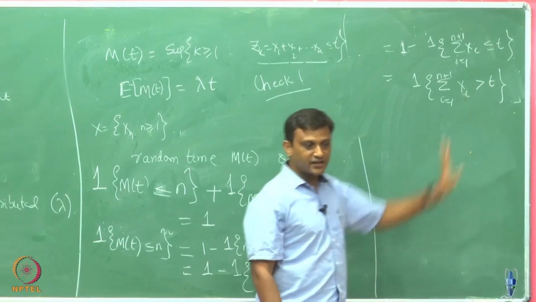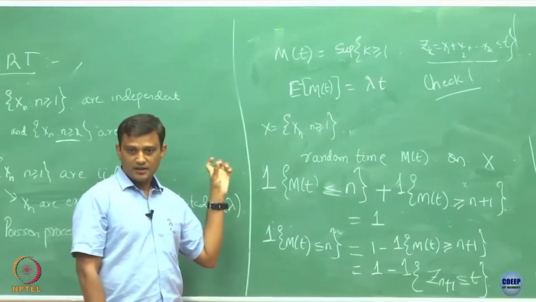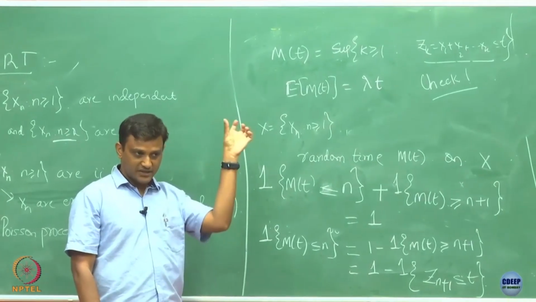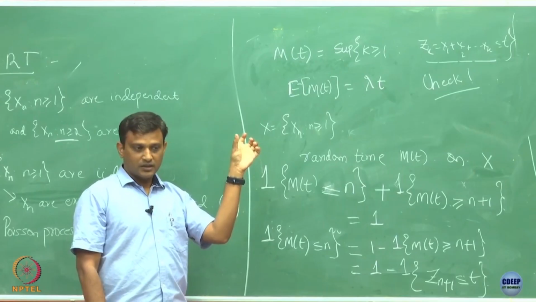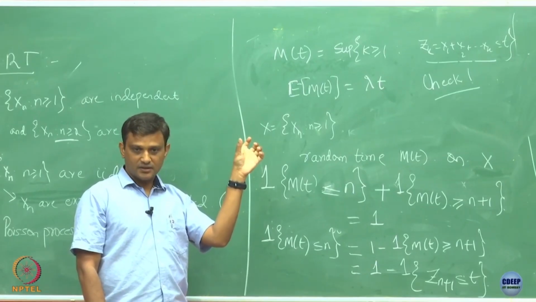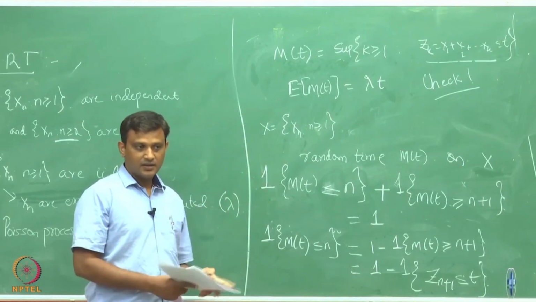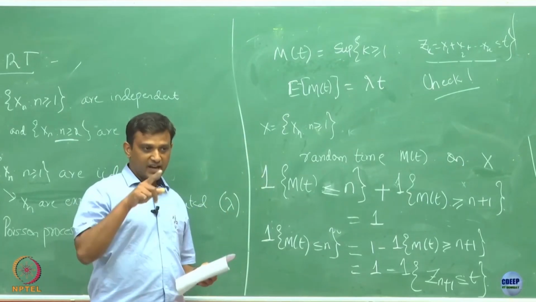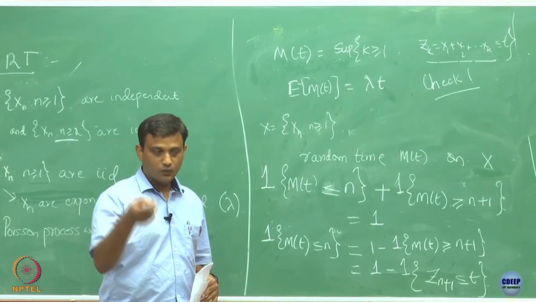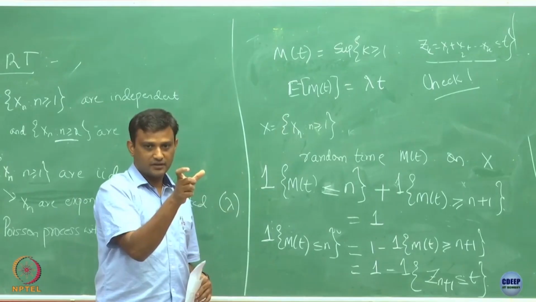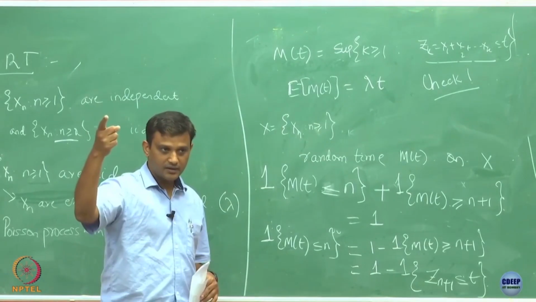You see that. What we want to know is that n arrivals have happened within the interval 0 to t. To ensure that, I need to be confident that the n plus 1th has not completely occurred within the interval 0 to t. It must have ended after time t.